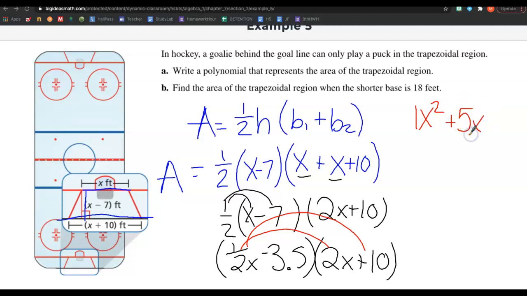Good. Okay, so that was my first one. Now I can go to the other one. So negative 3.5 times 2x. And which one does that one line up with? Negative 7x lines up with that one. Okay. And then negative 3.5 times 10? 35.